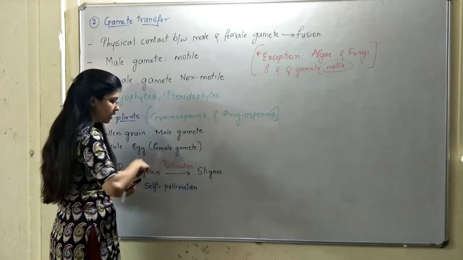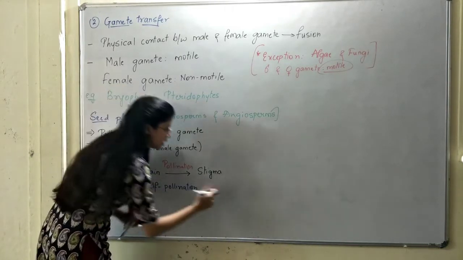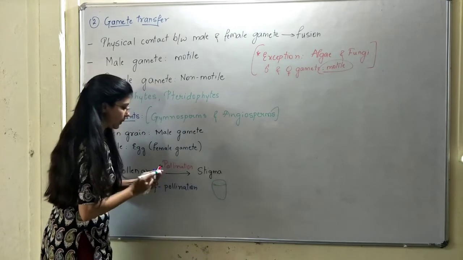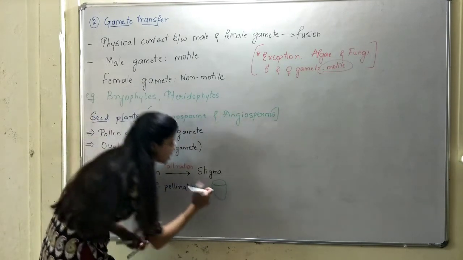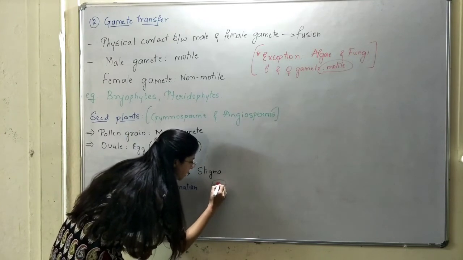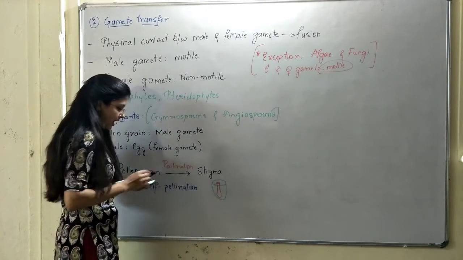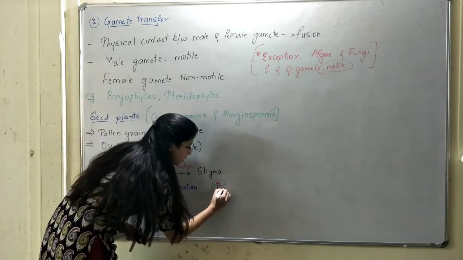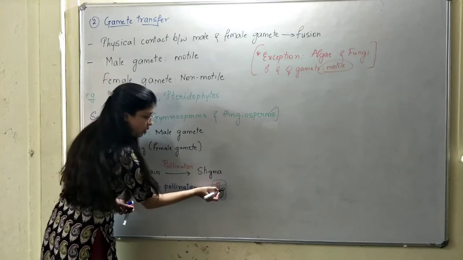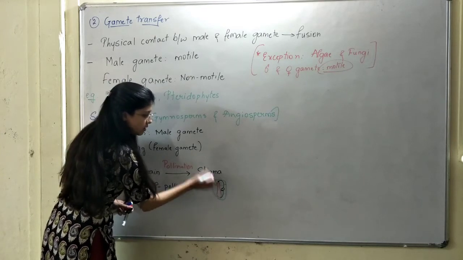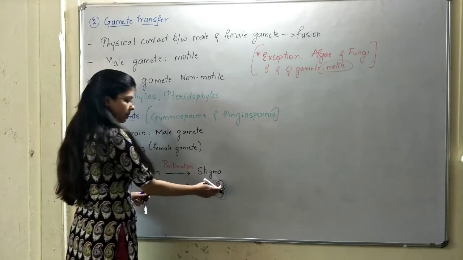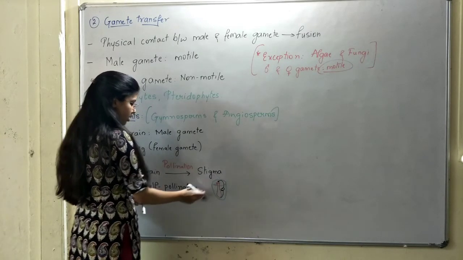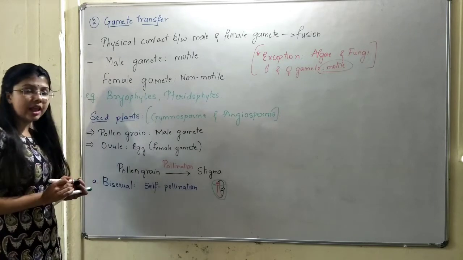That means within the same flower there will be the female reproductive part and the male reproductive part. The pollen grains from the anther, or the male reproductive part, will land on the stigma of the same flower. So this process is called what?